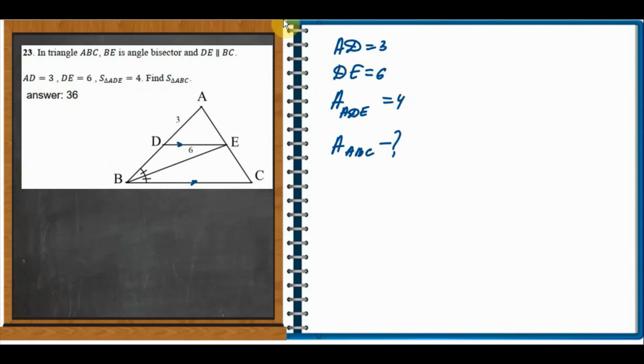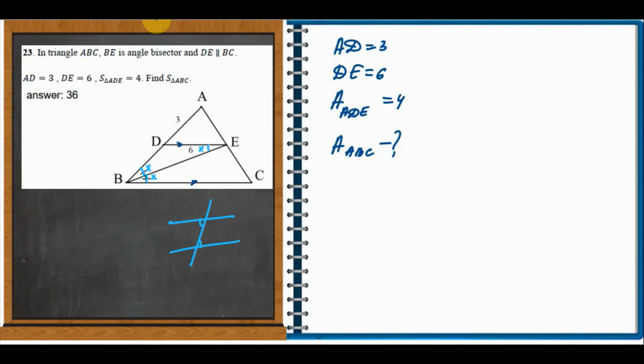Now, what we must notice here is the alternate angles. When we see parallel lines, most of the time look for alternate angles. Here we have parallel lines, and we can say that this angle, if it is x, this is going to be x, because of the alternate angle, this is going to be x as well.